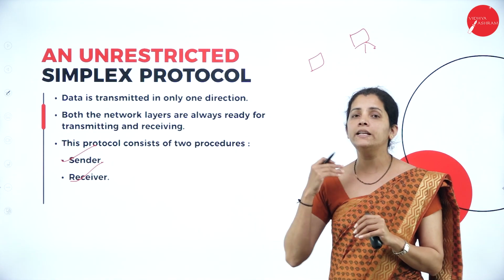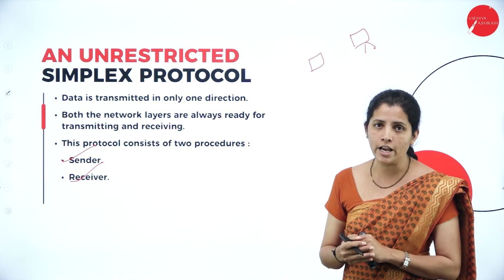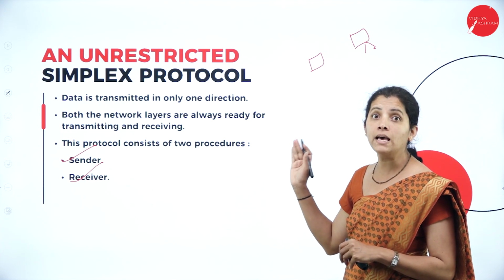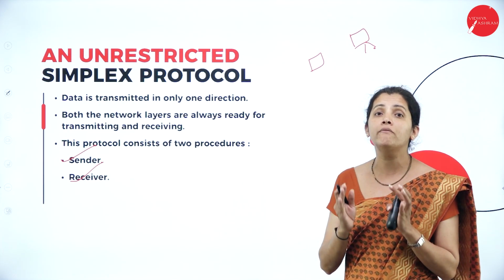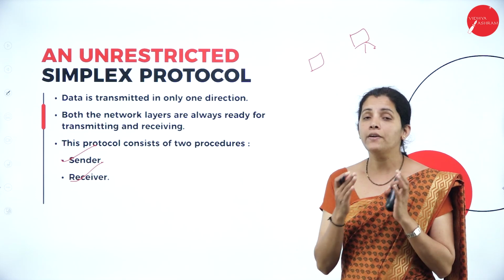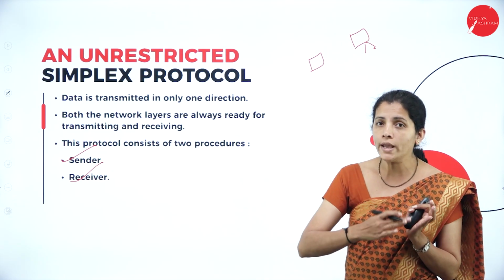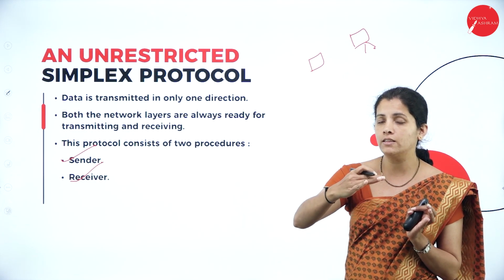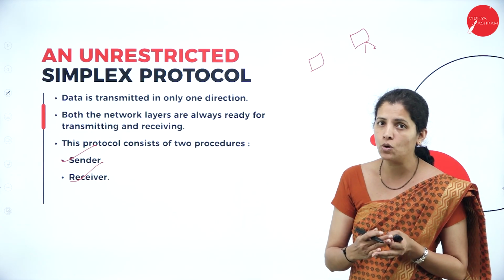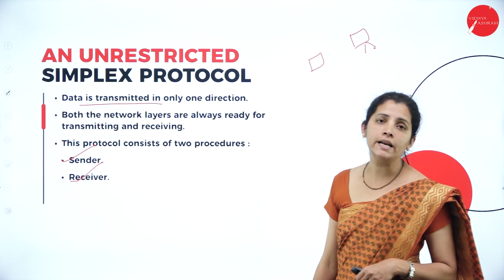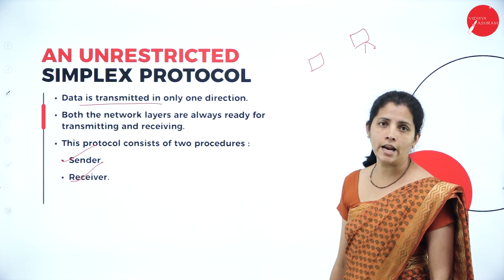If I transfer the data in only one direction, then it is called simplex. The best example is one way traveling. If all the vehicles are going in only one direction, then it is called simplex. So the data is transmitted in only one direction.